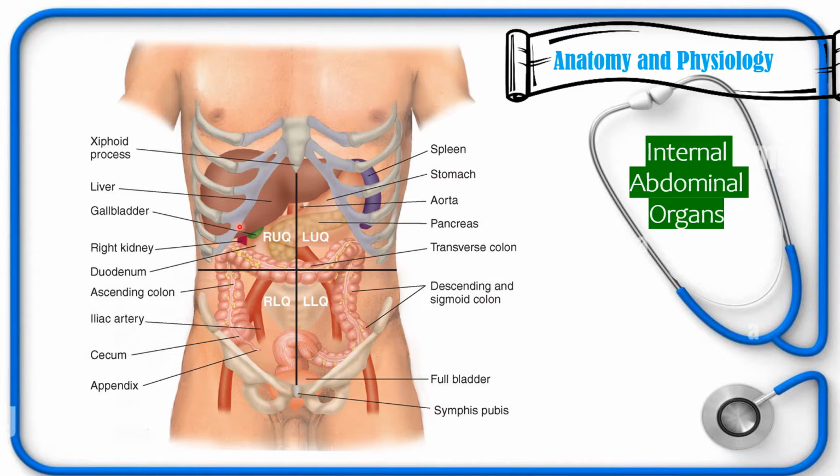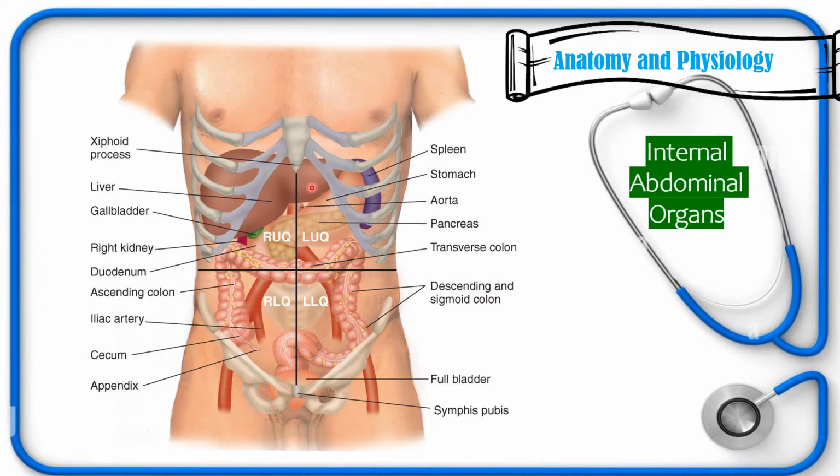In the right upper quadrant, the soft consistency of the liver makes it difficult to palpate through the abdominal wall. However, the lower margin of the liver edge is often palpable at the right costal margin. The gallbladder, which is located here, rests against the inferior surface of the liver, and the more deeply lying duodenum are generally not palpable.